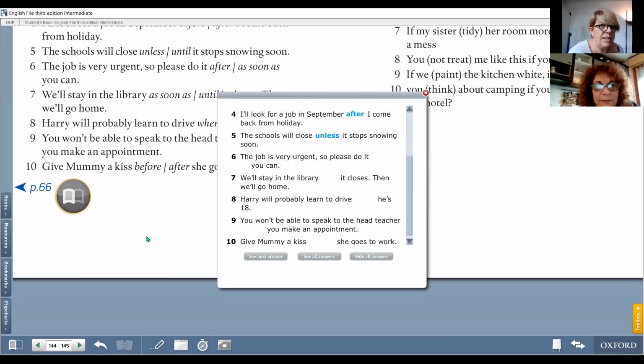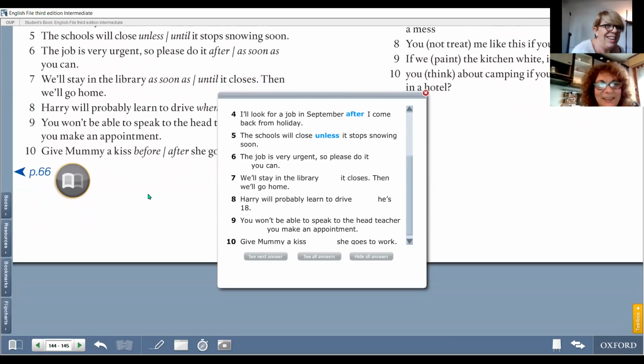Unless, yes, or unless there's a new pandemic. Esatto. The job is very urgent, so please do it as soon as you can. Very good.